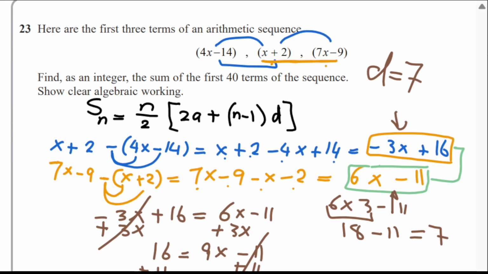Now let's find a, the first term. The first term is this one here, 4x minus 14. So it's going to be 4 times 3 minus 14. 4 times 3 is 12. 12 minus 14 is negative 2. So this is a, that's the first term, negative 2.